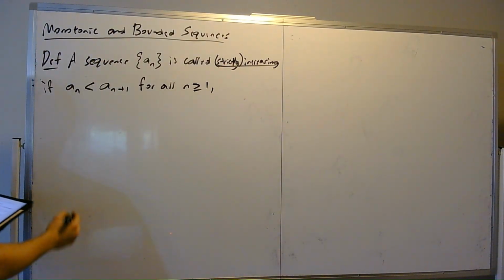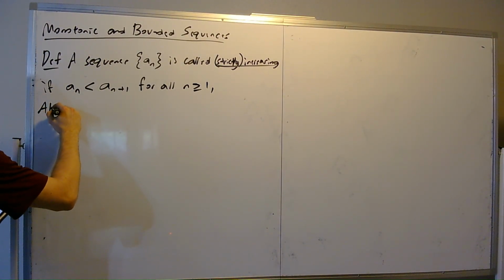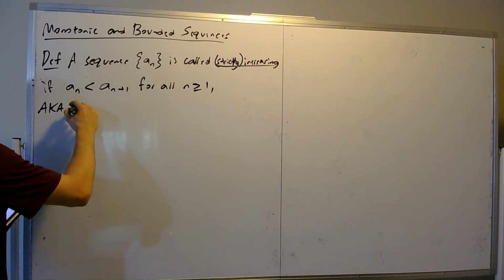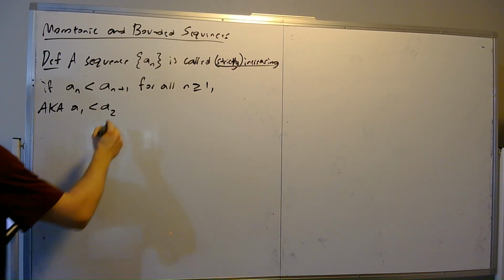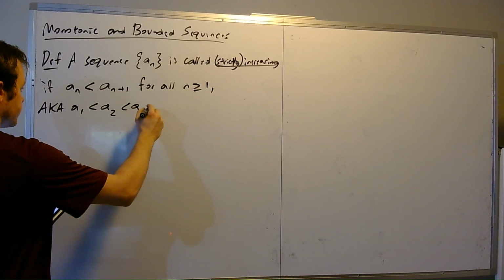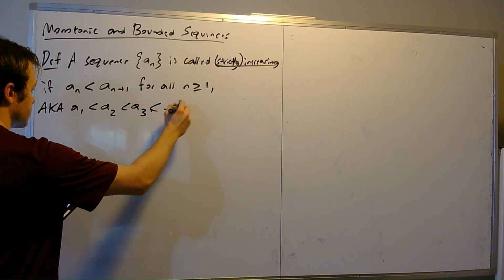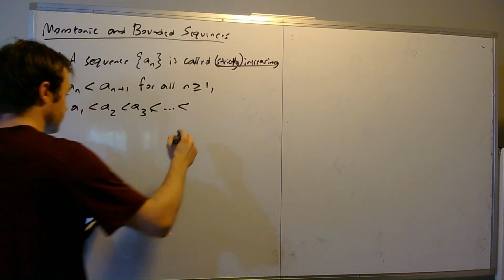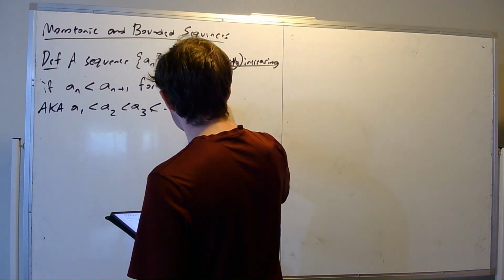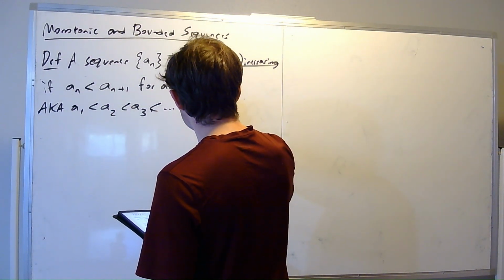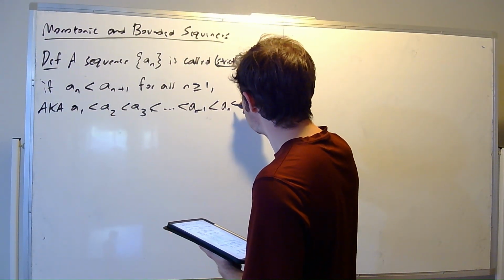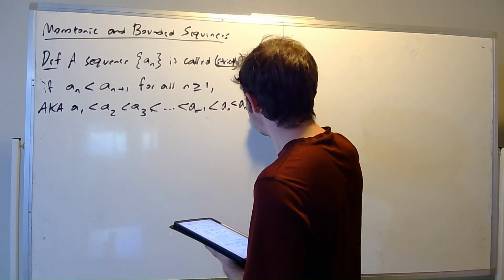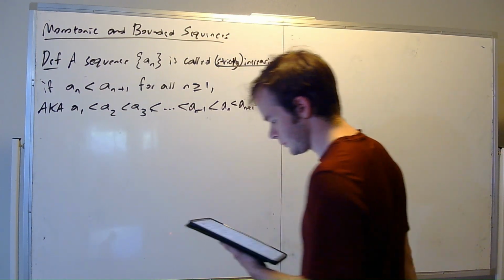Which is the same thing as saying, aka, a_1 strictly less than a_2, strictly less than a_3. So here similarly we've got a_{n-1} is strictly less than a_n is strictly less than a_{n+1}, and so on. Right?